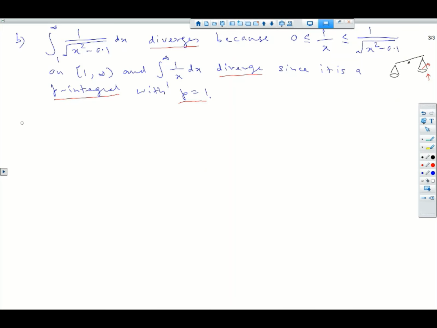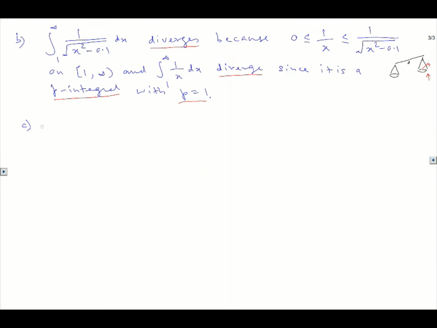You can see that you cannot use the same argument to show that 1 over x squared plus 0.1 diverges. So I'll write this one here. So let's say we have the integral from 1 to infinity of 1 over x squared plus 0.1 dx.